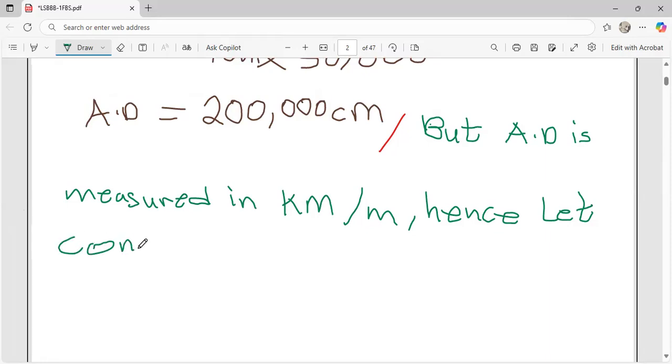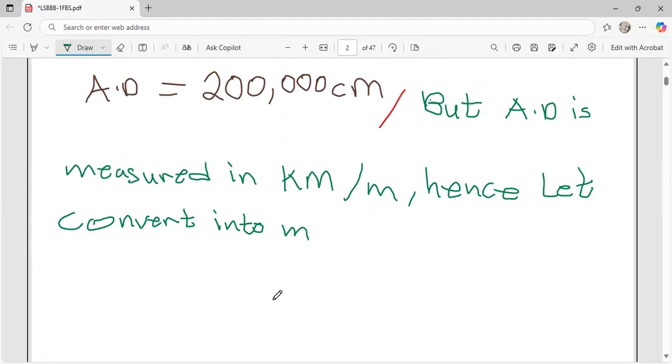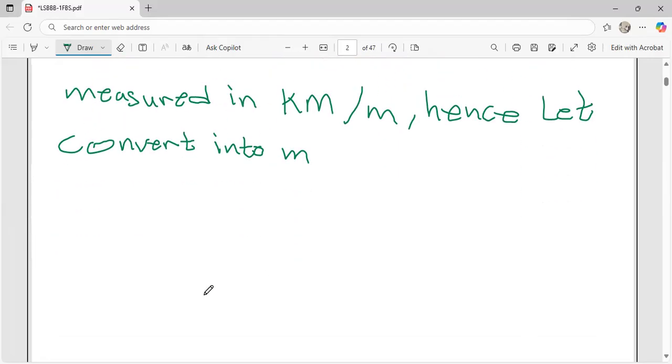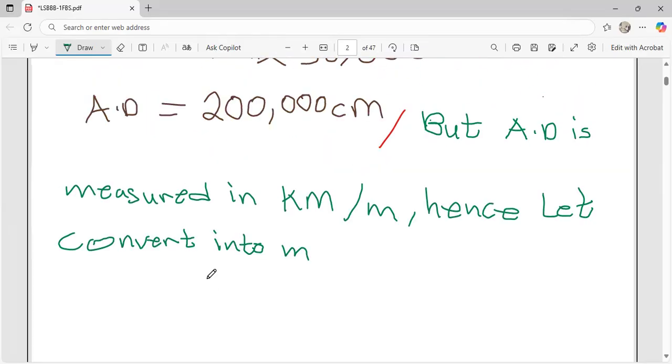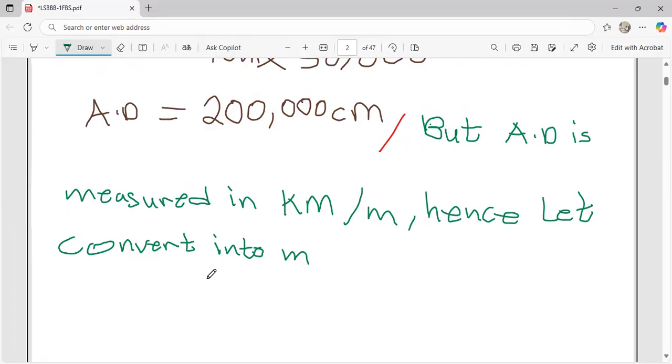Hence, let's convert into meters. Good. So from this concept we have just derived, we have to convert our 200,000 into meters.